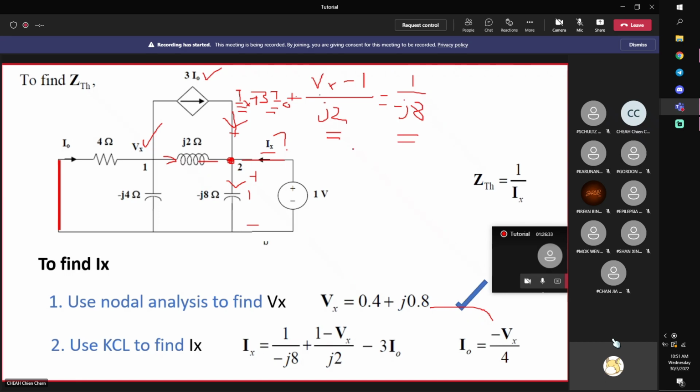Then I bring this to the other side of the equation. Basically I get Ix. I want Ix, so Ix is equal to this term plus the negative of this term, which becomes 1 minus Vx plus negative 3I0. Vx is already known, and I0 is known once Vx is known. Therefore, I can calculate Ix after I know Vx.